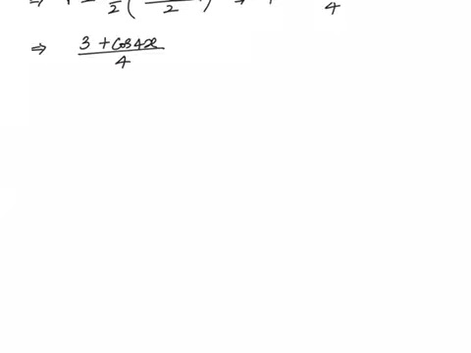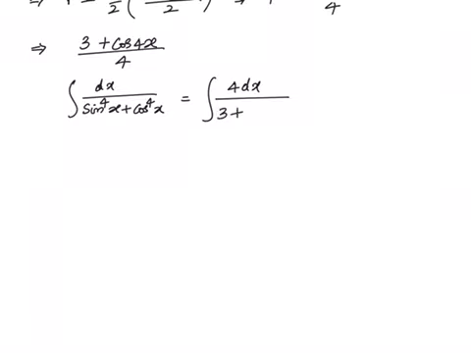What we need is integral of dx divided by sine to the power of 4x plus cos to the power of 4x, but that can be now written as 4 dx divided by 3 plus cos 4x. Now let us take 4x equal to another variable t. Then we will have 4 dx equal to dt, or 4 equal to dt by dx.